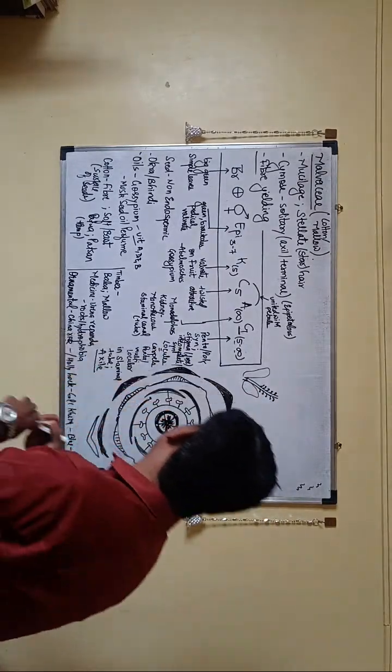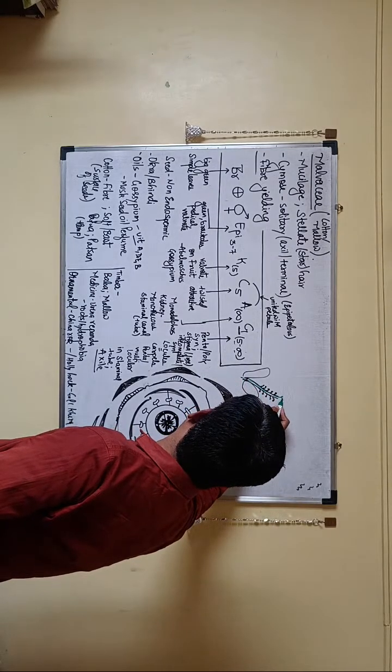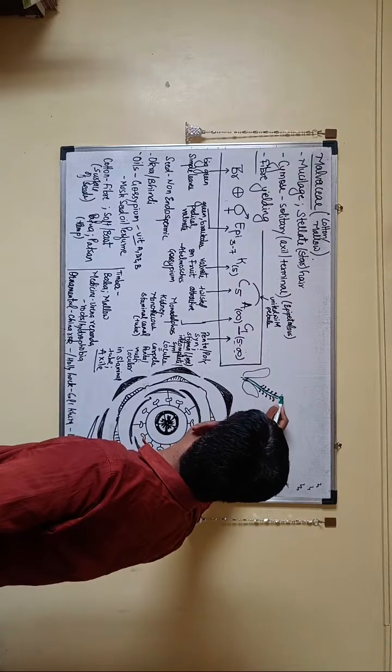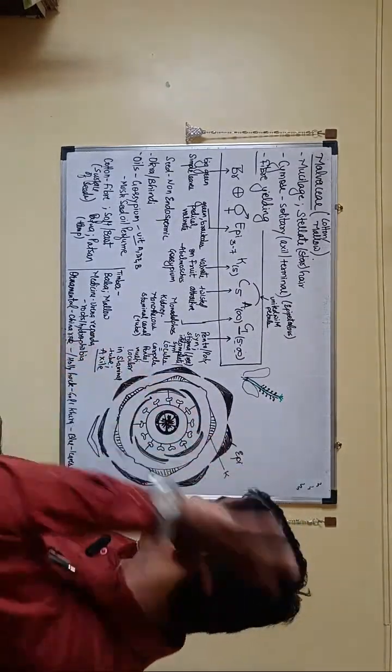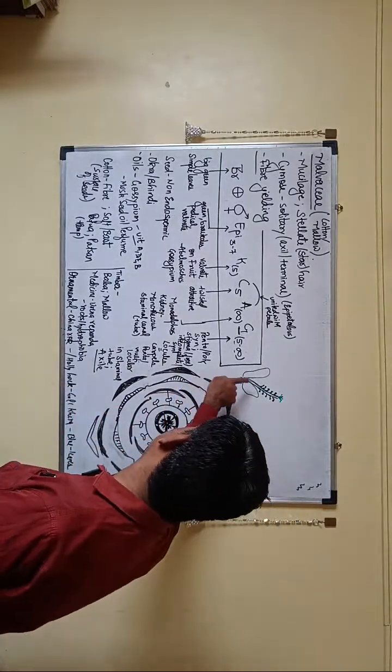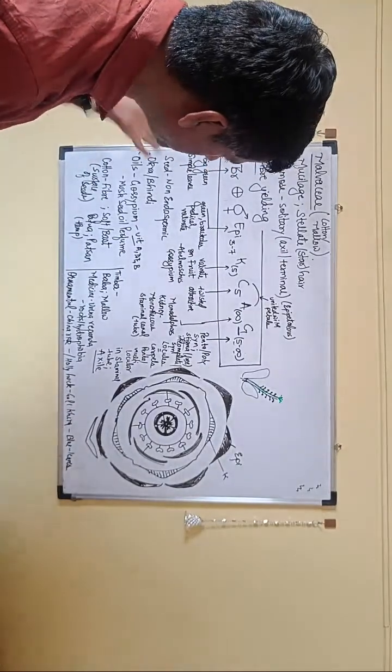The style passes through this staminal tube, and the stigmas, 1, 2, 3, 4, 5, are free. So the gynoecium passes through that staminal tube, right? So that's done.